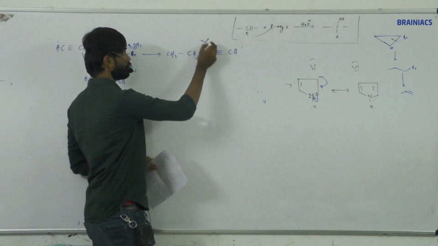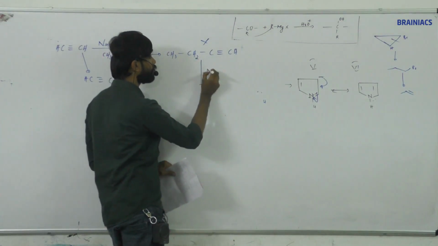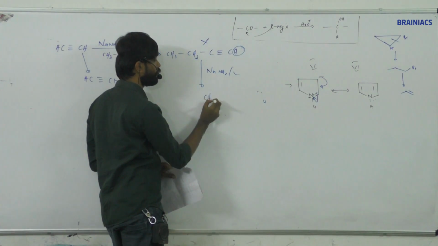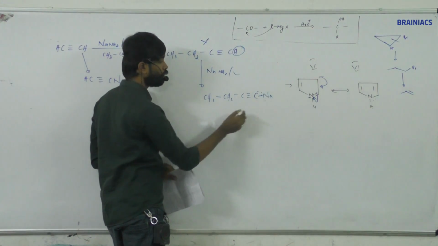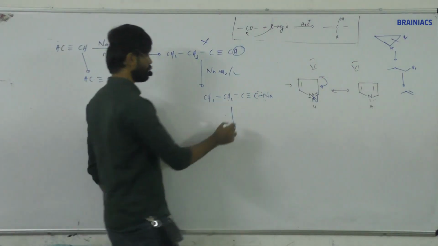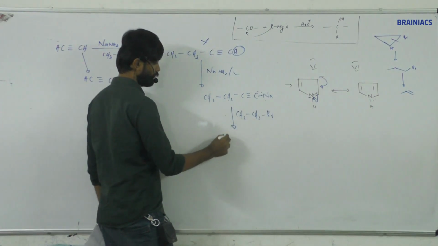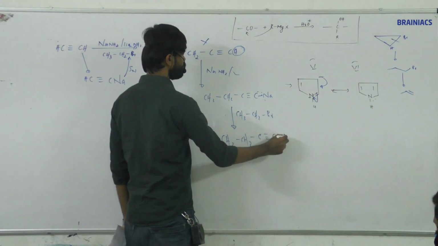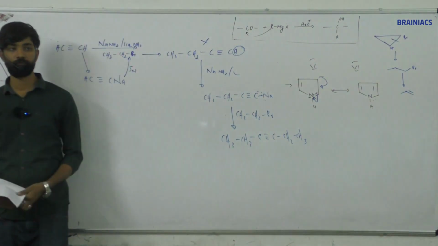So this is X. This can follow the very same reaction. Once again, what happens with the sodamide in liquid ammonia? This hydrogen may be replaced by sodium, which again reacts with the alkyl halide. The alkyl halide is the very same, CH3CH2Br. Then the product will be CH3CH2C triple bond CCH2CH3, hex-3-yne. Okay.